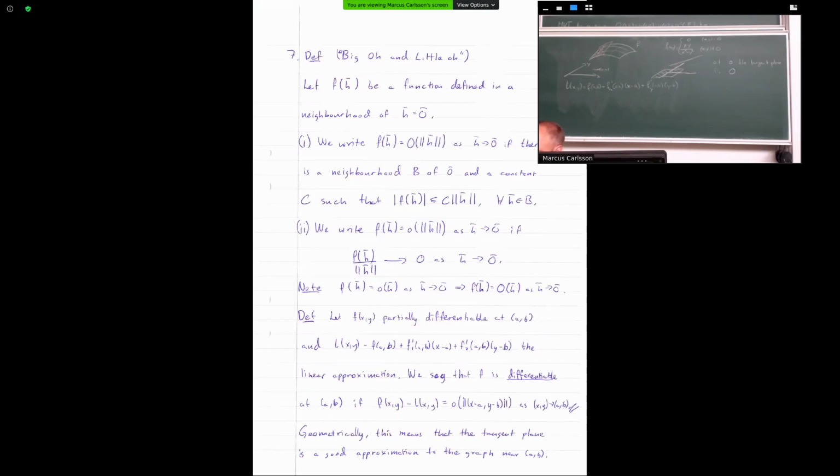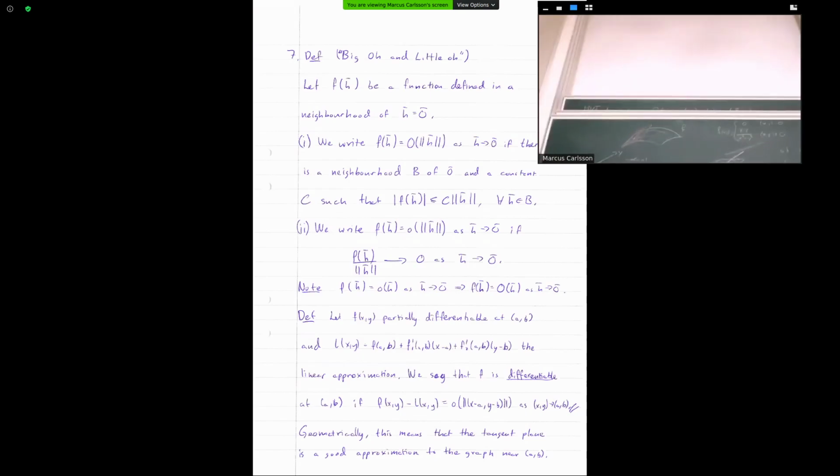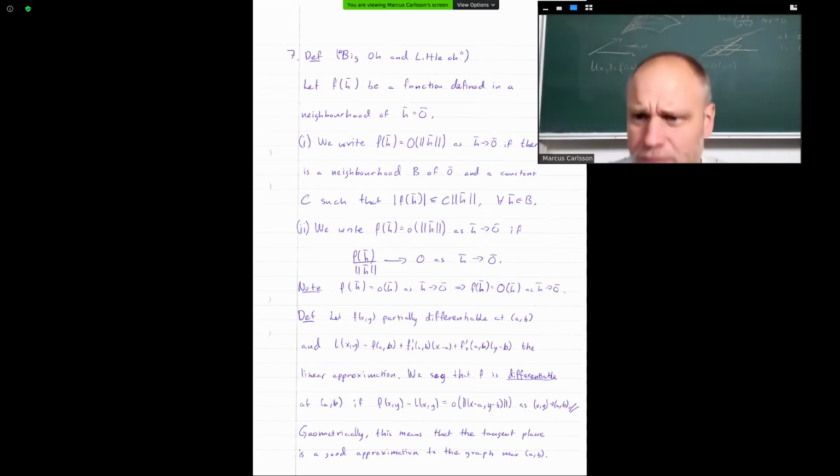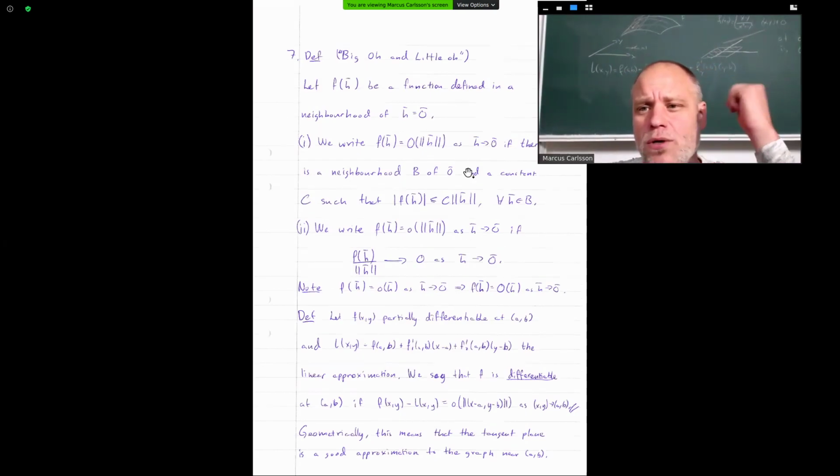Okay, so to talk about these things, we need to go through a bit of notation again. This little ordo and big ordo, I hope you have seen them before.